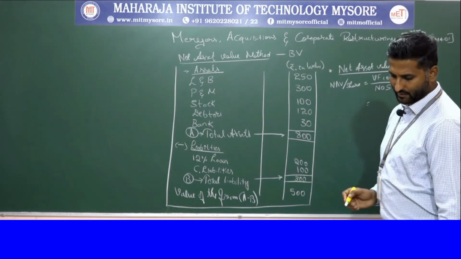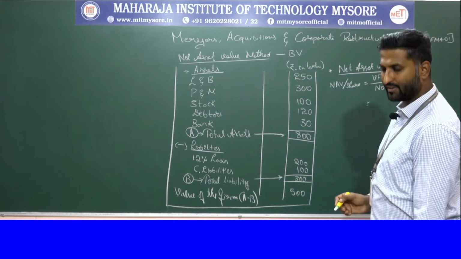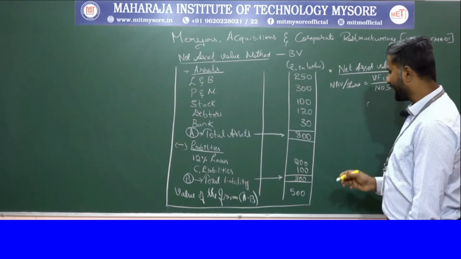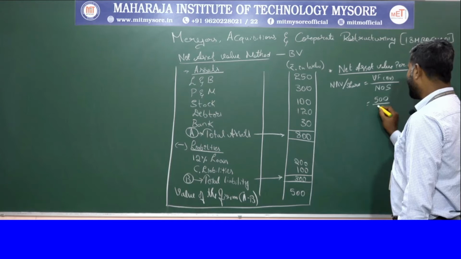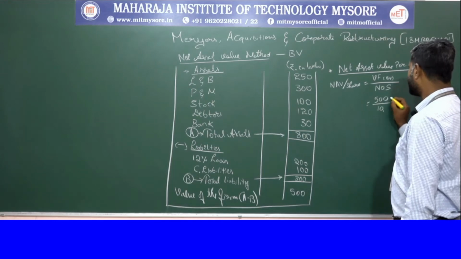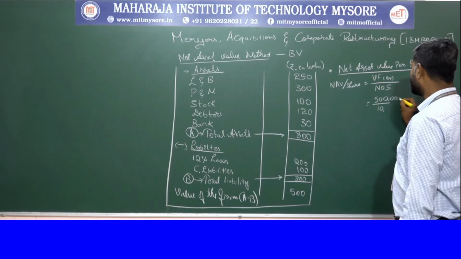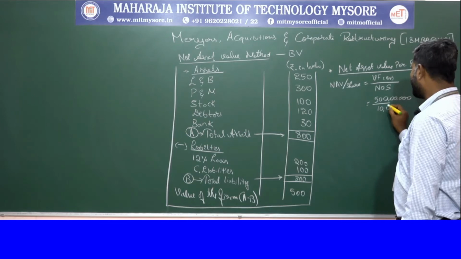The outstanding shares given in the problem are 10 lakhs. So 500 lakhs divided by 10 lakhs.